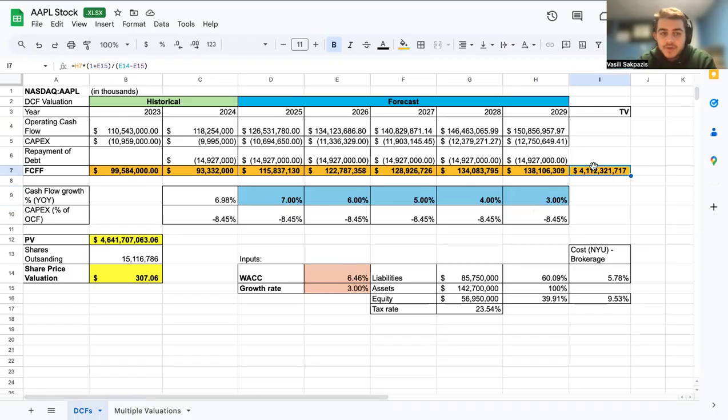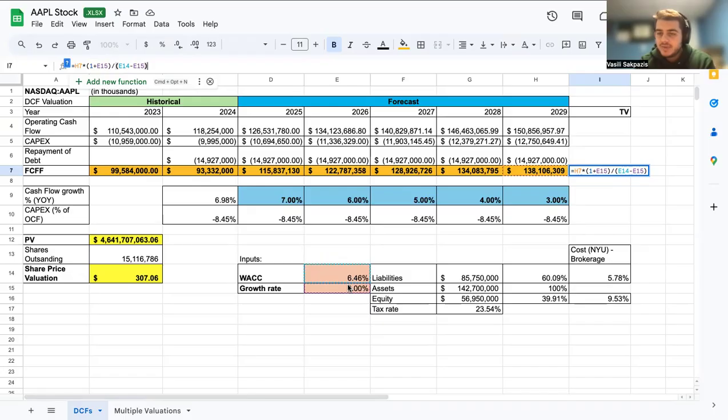Given that, all we do, and I'll show you guys this formula, is basically take our free cash flow value of 2029, right? Which is 138 billion that we forecasted. And we multiply it by first the WACC, which is the weighted average cost of capital. And then below that, as you guys can see the divide here, we do the WACC divided by the growth rate.